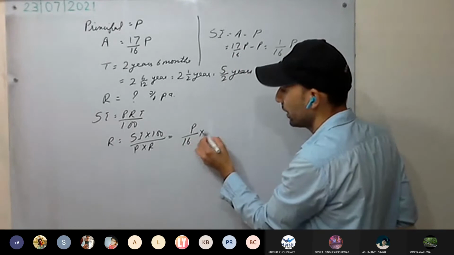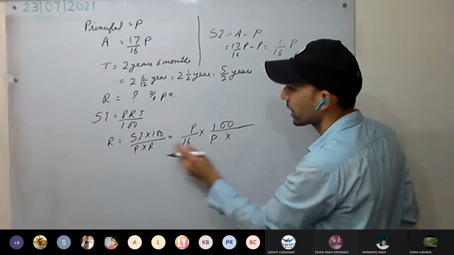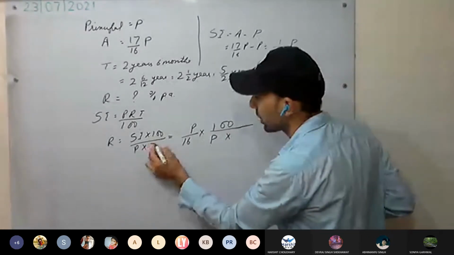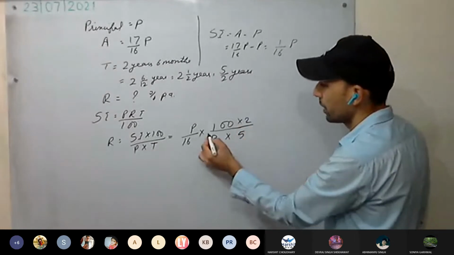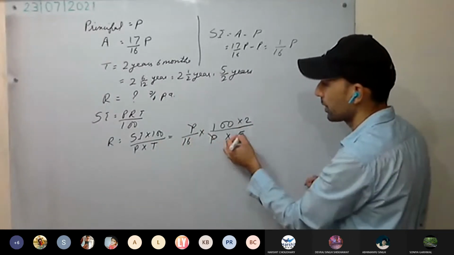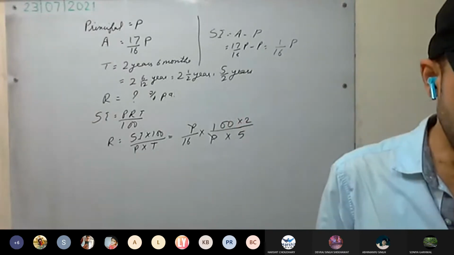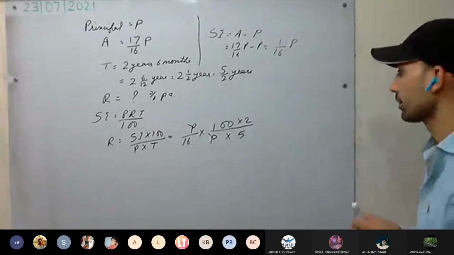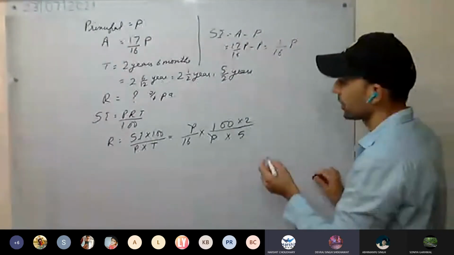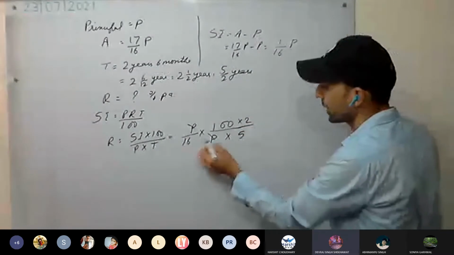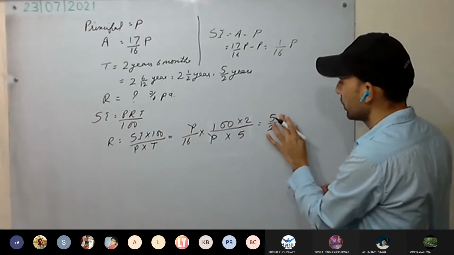So P by 16 into 100 divided by P into T. Rate we have to calculate. T is 5 by 2. P gets cancelled. Calculate it. 5 by 2 you will get.